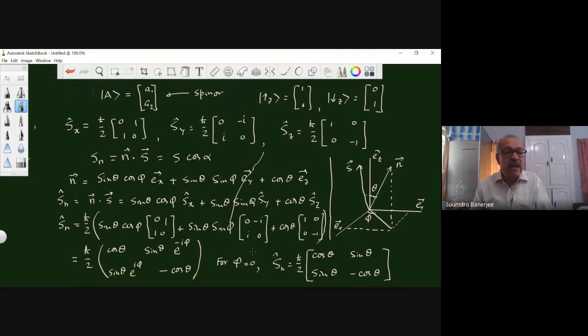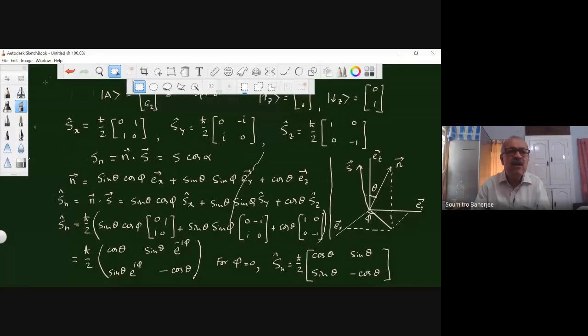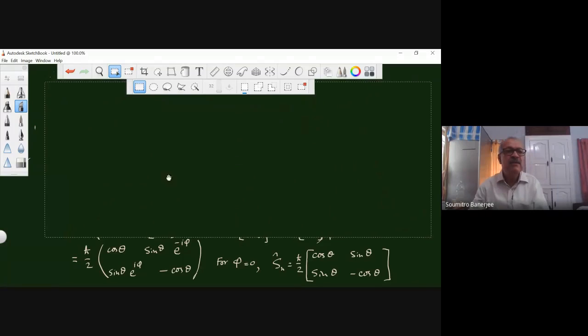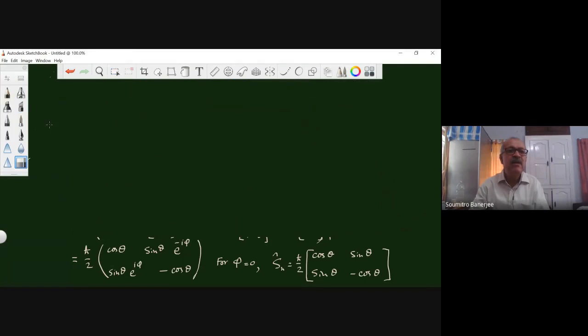So let us continue with it. Let me delete this. So S in general is a matrix, and this is the particular matrix for a particular direction of the beam.